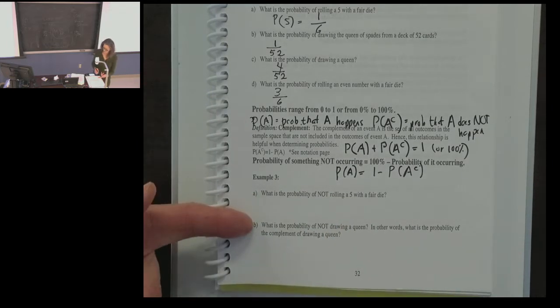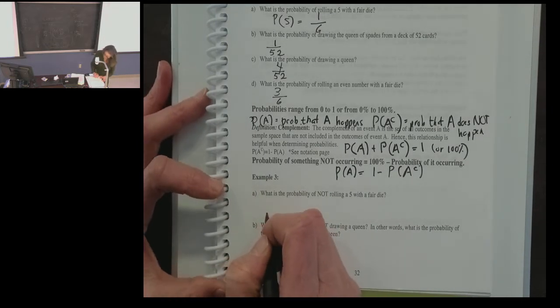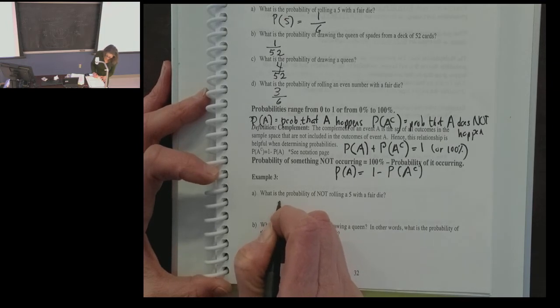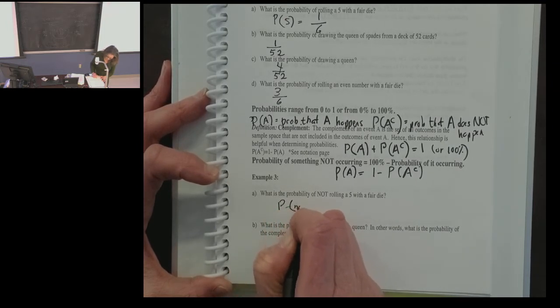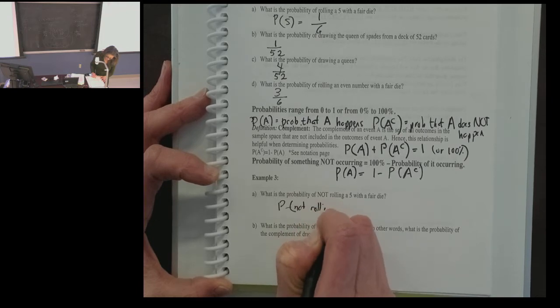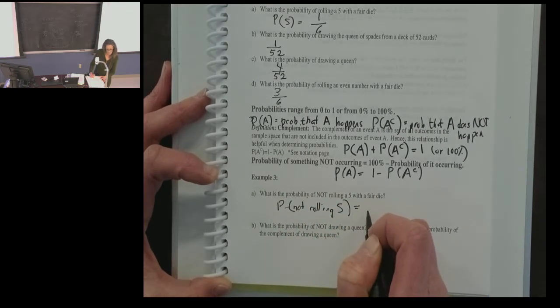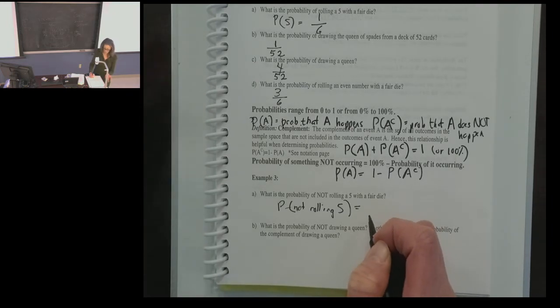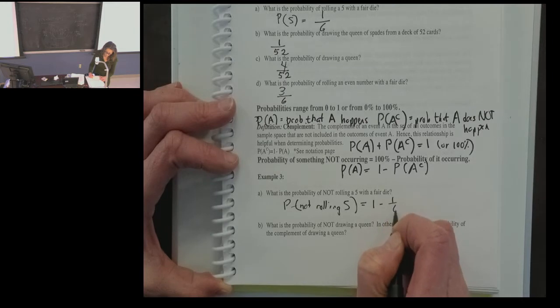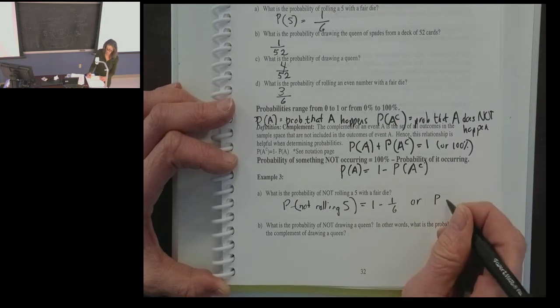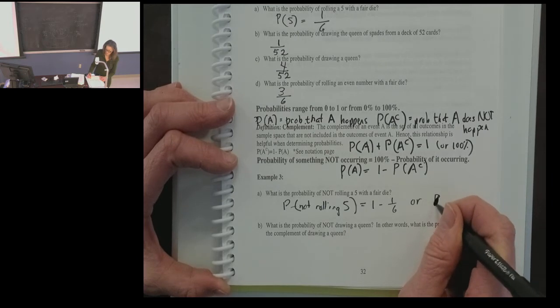Well, you could figure that out directly. Out of the 6, there's 5 that aren't 5s, but we could also say 1 minus 1/6, or you could just figure it out directly as 5/6.